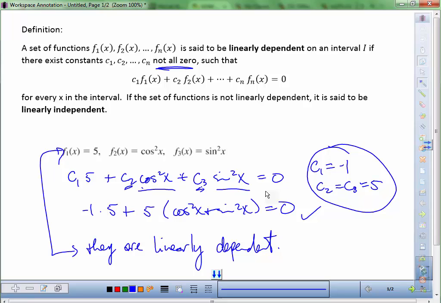But they're functions, and so it's a little bit more difficult to find an algorithm for this. Can't you just pick a value for x? No, it has to work for all x's. So even if you pick a value for x, it wouldn't help out? No, it wouldn't. This has to work for all x's.